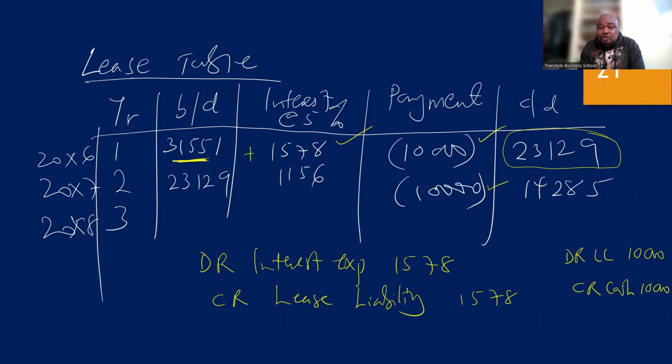This one is the amount that is due in the next year. All right, it has to be paid. If you want to separate, the difference between the two becomes your non-current liability. However, that one will be going an extra mile, isn't it?